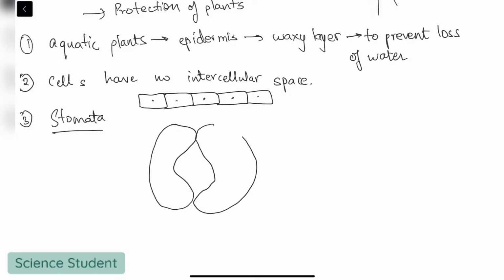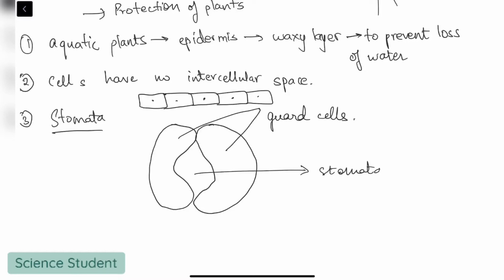There are two guard cells, kidney-like structures. Write it properly: there are two guard cells. This is the stomatal opening or pore.